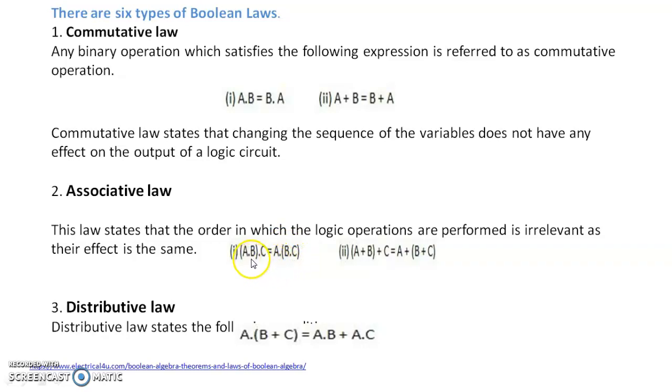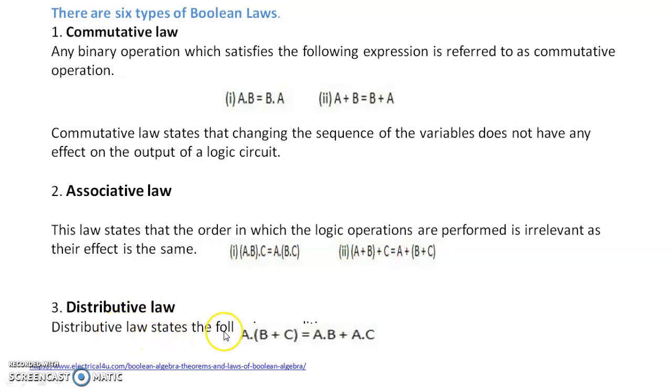If we change the multiplication sequence of variables, the output will again be the same. Similarly, A plus B in brackets plus C is the same as A plus in brackets B plus C, so the output will be the same.